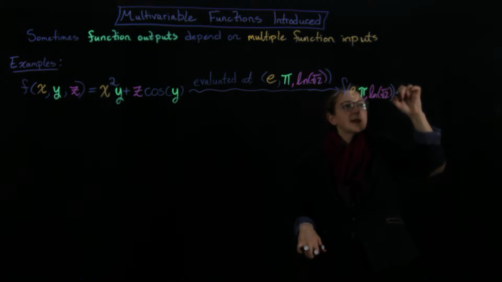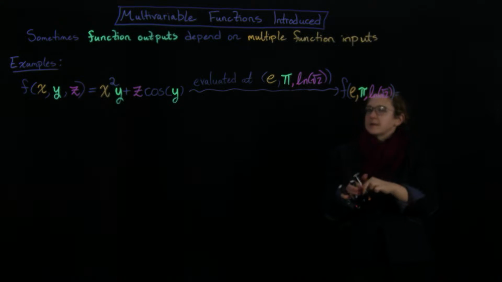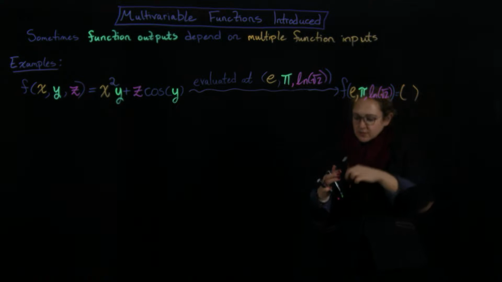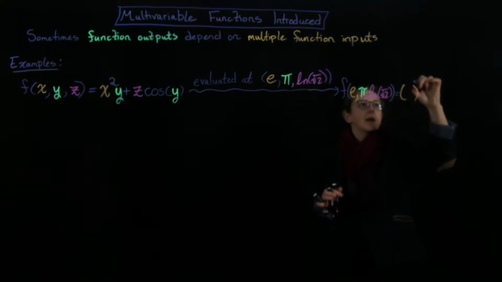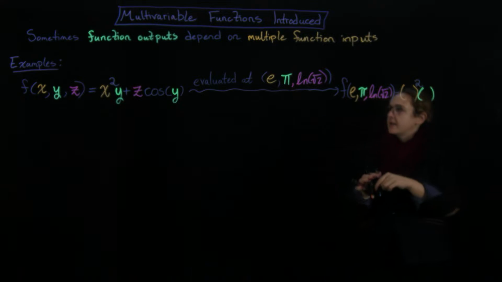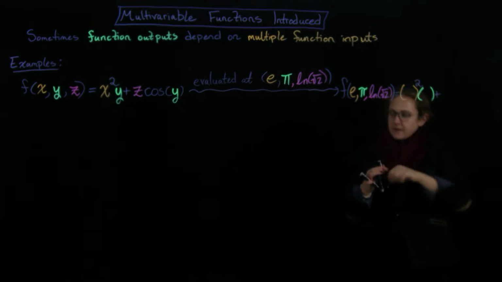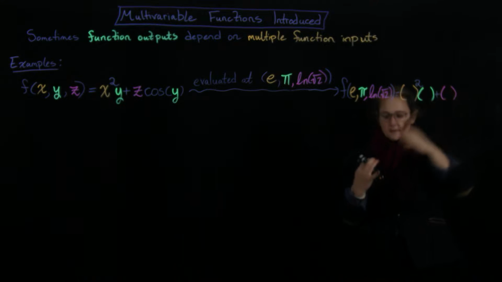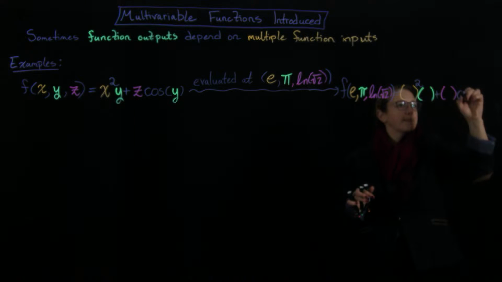I'm going to take my first variable and square it. Then I'm going to multiply that by my second variable. And then add to that my third variable. And then cosine of my second.